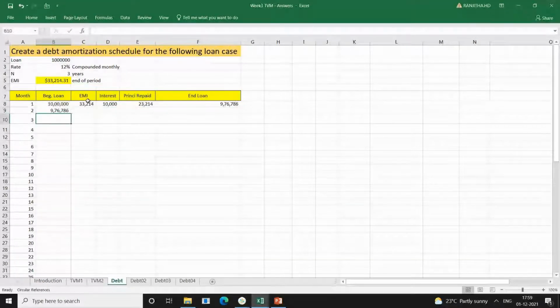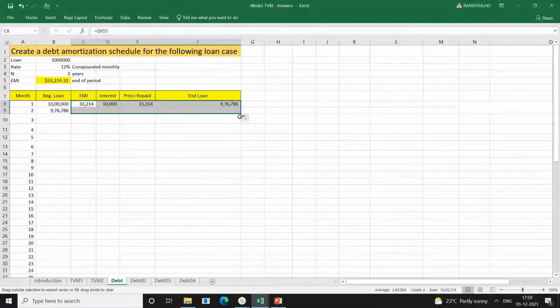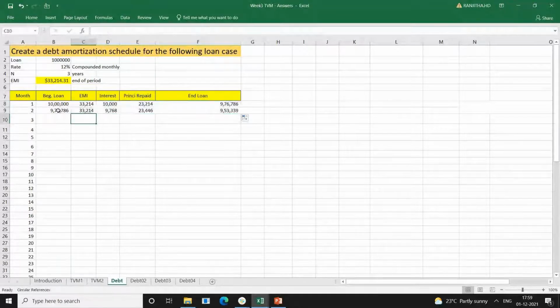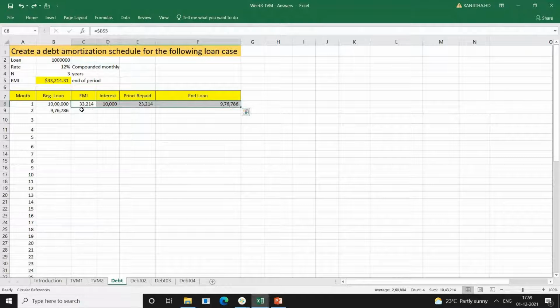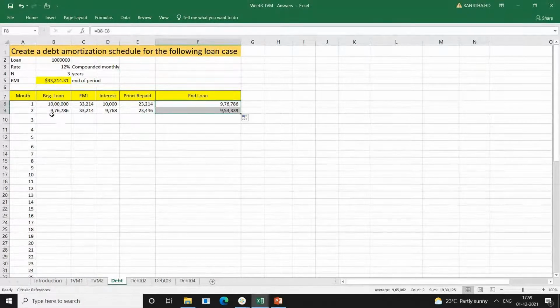Select all this, just drag down. After this, this one you drag down, this one also you can. Then select everything.